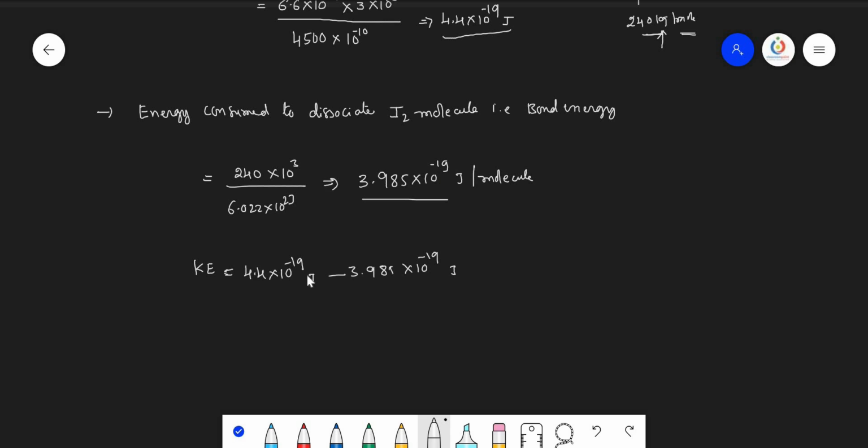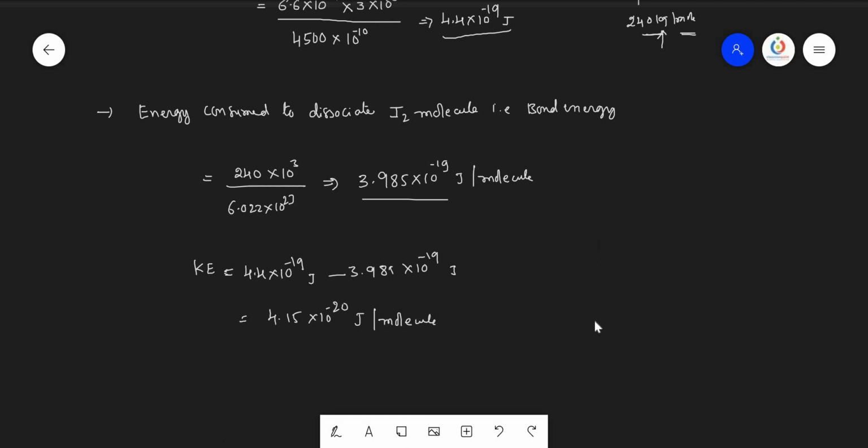So 10 power minus 19 is the same, so we can take it as a common factor. So we get the value approximately 4.15 into 10 power minus 20. See here, this 10 power minus 20 means it will be 0.415 actually, in joules per molecule. So for a single molecule, this is the energy: 4.15 into 10 power minus 20.